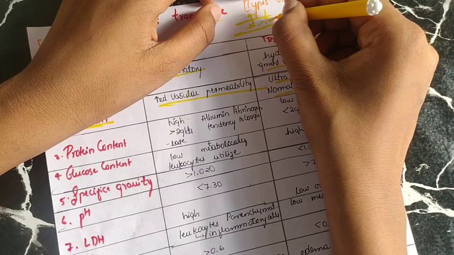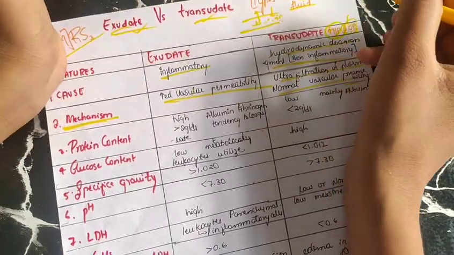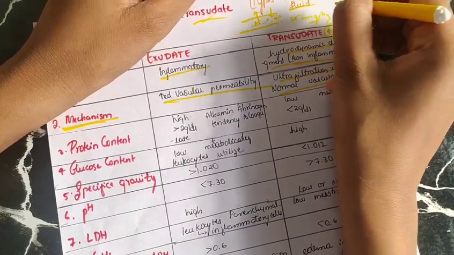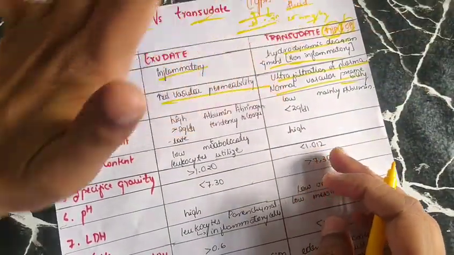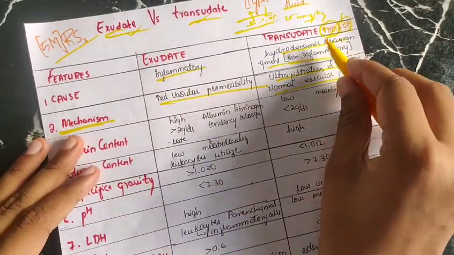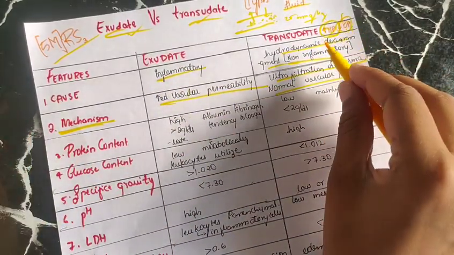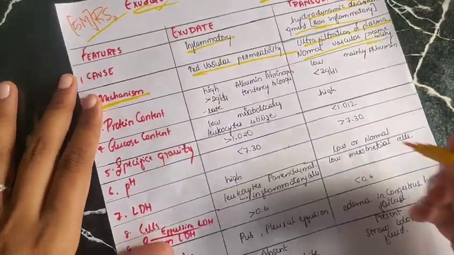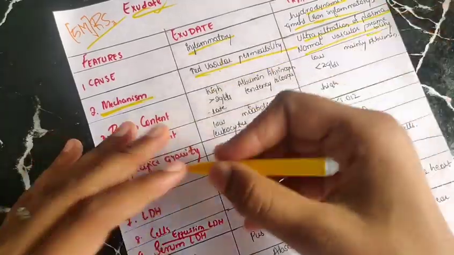These solid particles, that is proteins, mainly albumins, exert 25 mm of Hg pressure, that is the oncotic pressure. So the cause for exudate is inflammatory. For transudate, it is due to the change in the hydrodynamic rearrangement, a non-inflammatory condition. In exudate, because of vascular permeability, everything comes out.